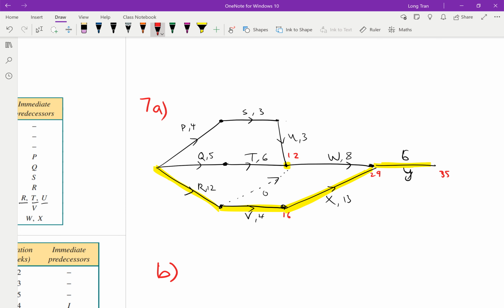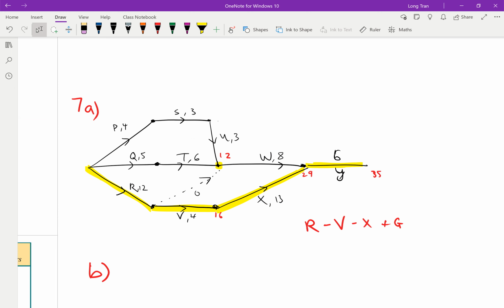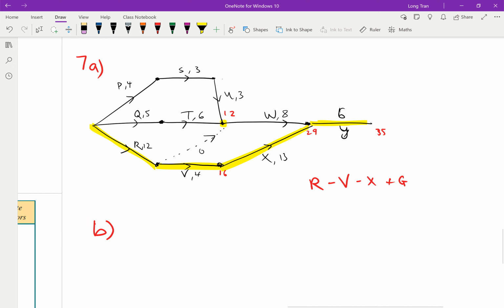So this implies that you're going from R to V to X to Y. And I guess if you want to include as well, there's a 35 at the end. But that's what my critical pathway would look like.